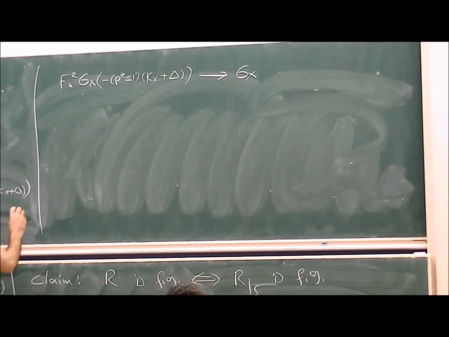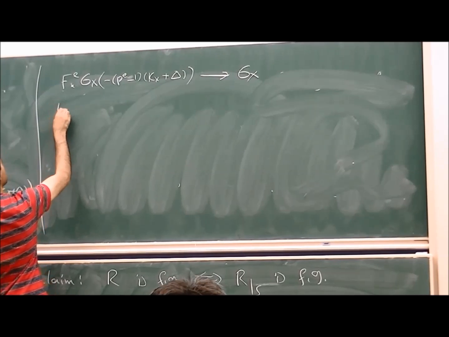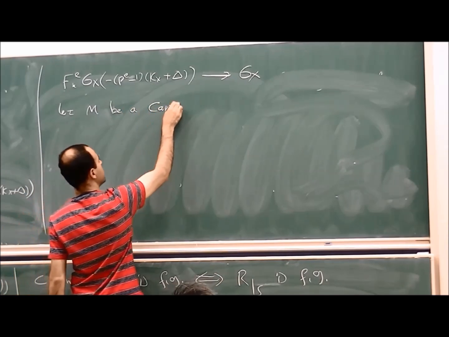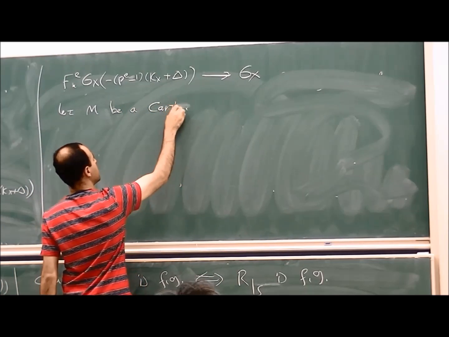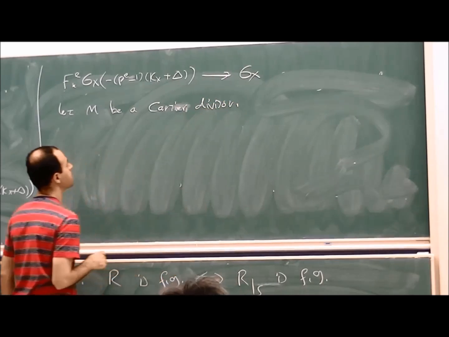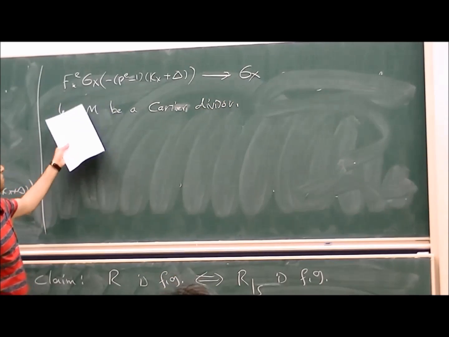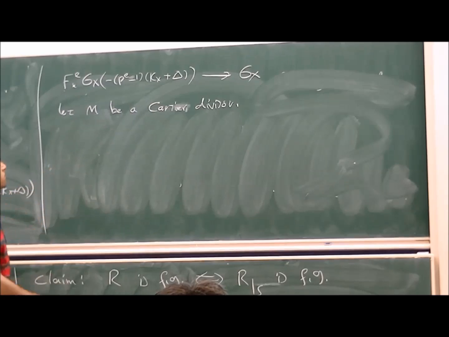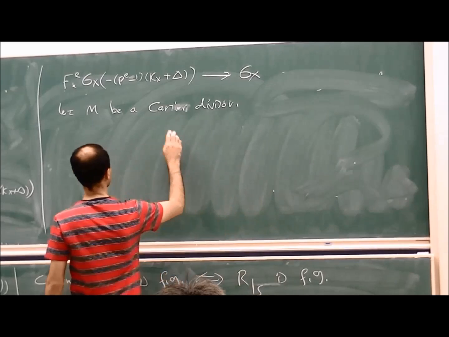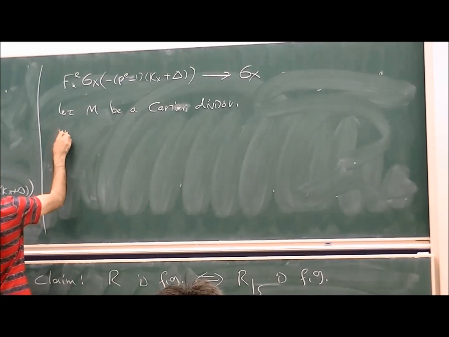Now, let's also fix a Cartier divisor M. Then we can tensor M with this trace map.